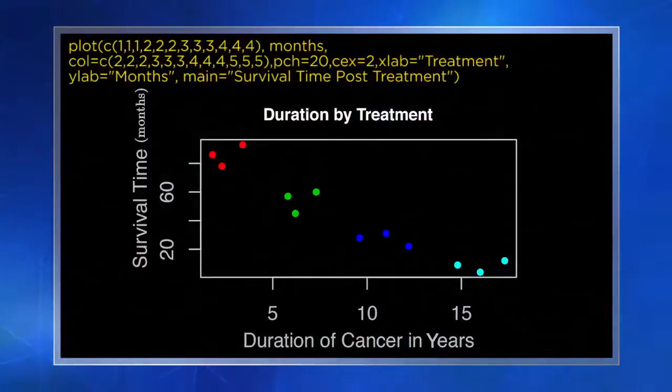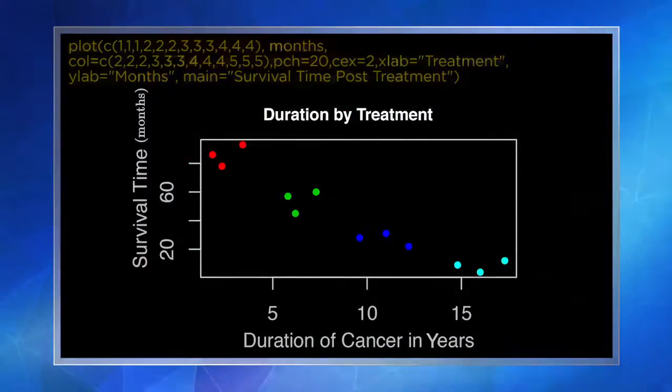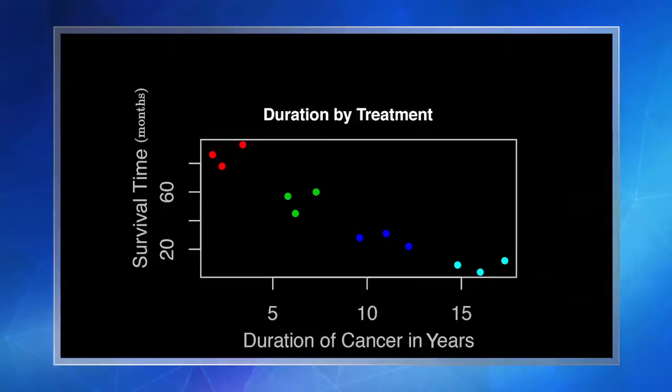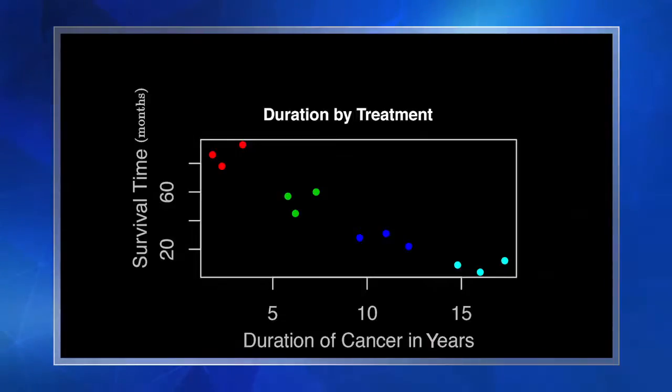In fact, we actually didn't consider something in doing our initial analysis. Look at this plot of duration by treatment. So there's clearly a linear relationship between the duration of cancer in the body and the survival time post-treatment.